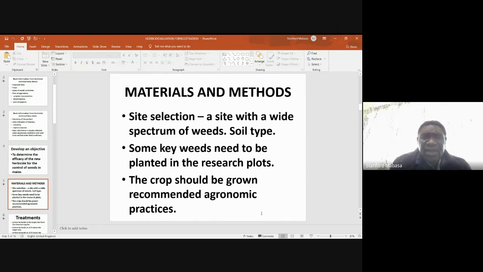We should also try it on different soil types, red clays, sandy soils. Some key weeds need to be planted in the research plots. But of course, the challenge is that some weeds may not easily germinate because of dormancy. The crop should be grown according to recommended agronomic practices.